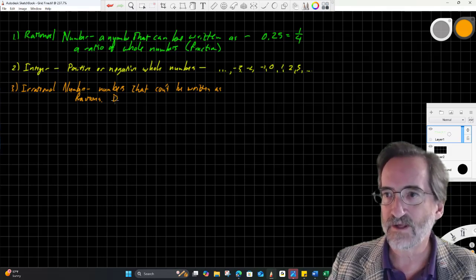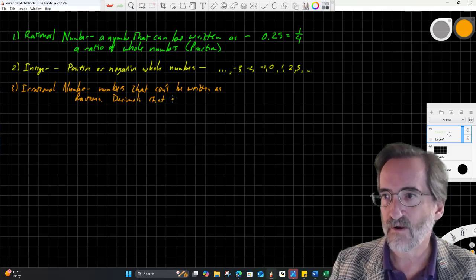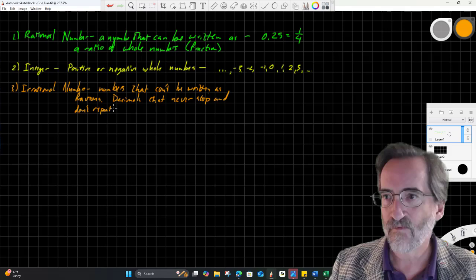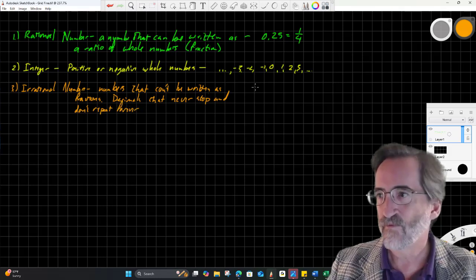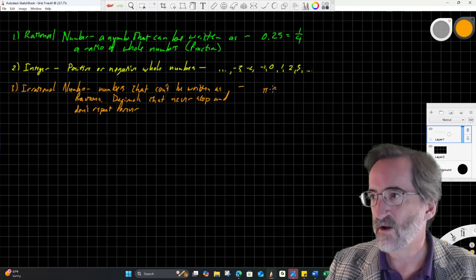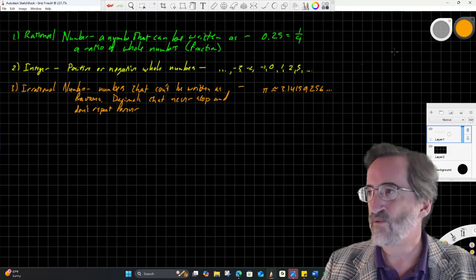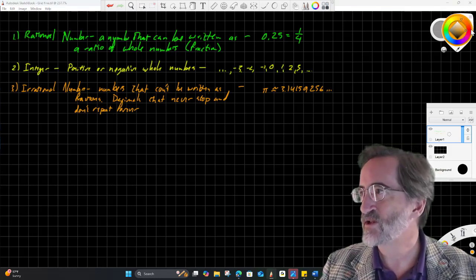Another indicator, decimals that never stop and don't repeat forever. Example, pi. About 3.14159256, ... Irrational. Can't be made into a fraction.